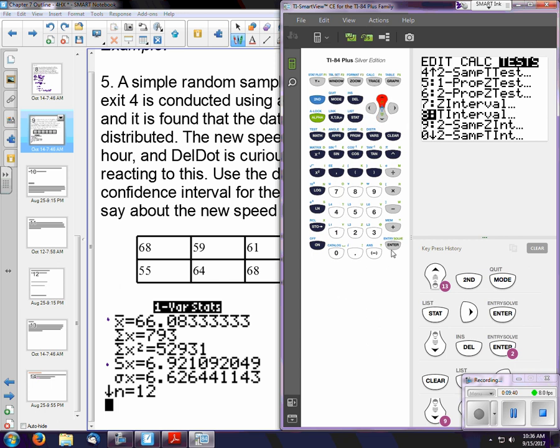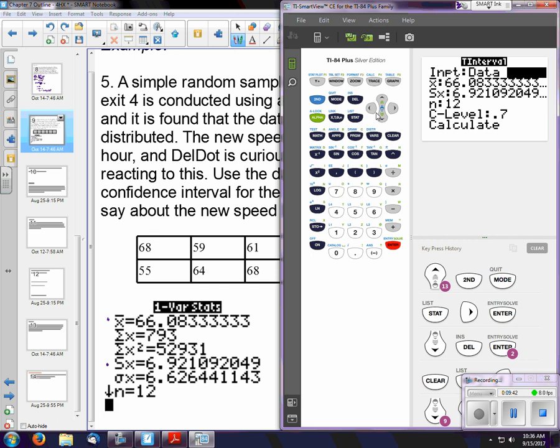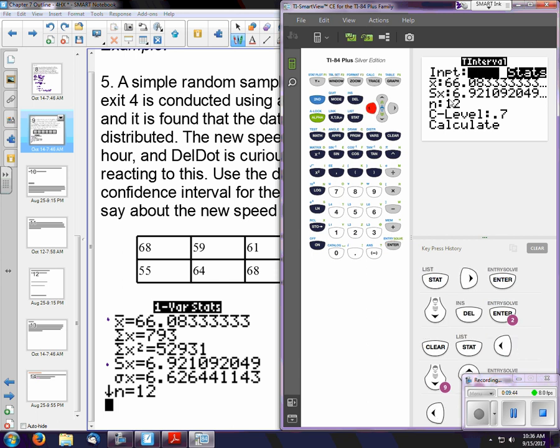So we have our t-interval, and we already have our data in list 1, so you'll notice it pre-populated this information for us, but you could also tell it that you put this in list 1. So that's an option. Really, whichever one makes you happy, it doesn't matter which you use.